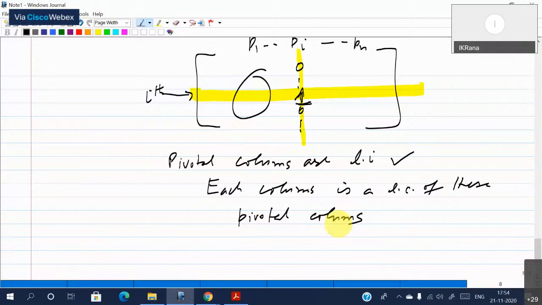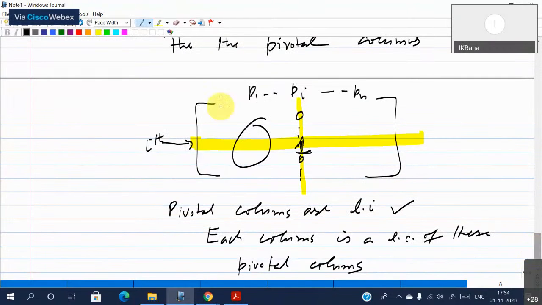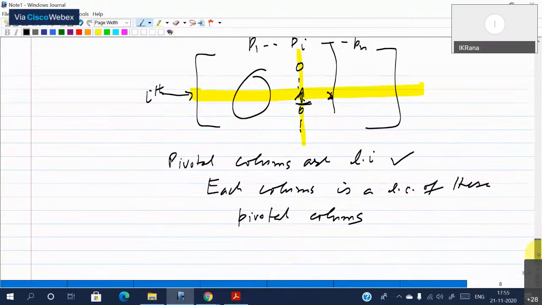So if you take any other column, then I can write that as a linear combination of these pivotal columns. That also is obvious from the way we have described it. If I take a column, these are all 0. On this side, that scalar times whichever number is coming here in this column, times this column, plus the other ones will give you a linear combination.